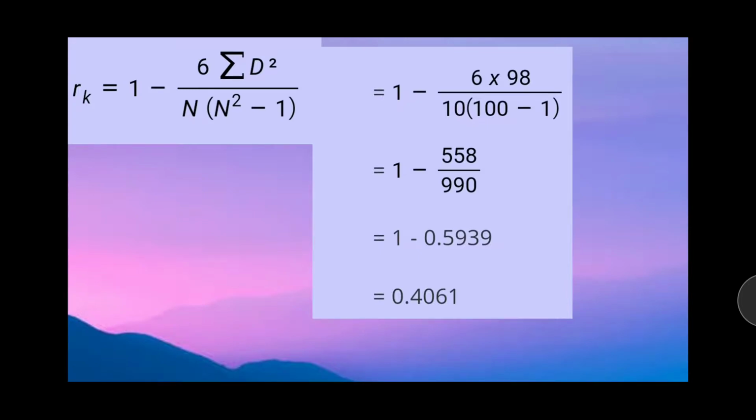We substitute, and when you simplify that, our final answer becomes 0.4061, approximately. Our Spearman's rank correlation coefficient becomes 0.41, and that is what appeared on the screen just now, 0.41.